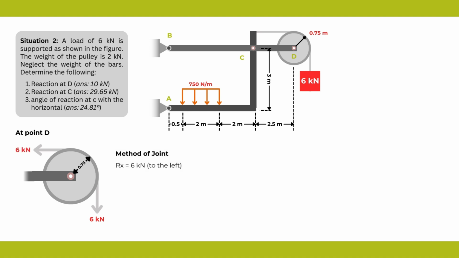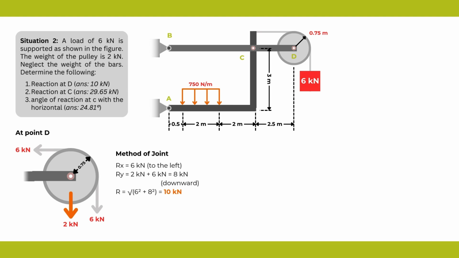And for the resultant along vertical naman, consider lang natin ulit yung weight ng wheel since indicated to sa given problem. With that, 8 kilonewton yung total downward force natin. Therefore, in getting the resultant force, which would also be the equivalent reaction at D, apply lang tayo ng Pythagorean theorem, then makukuha na natin yung value na 10 kilonewtons.